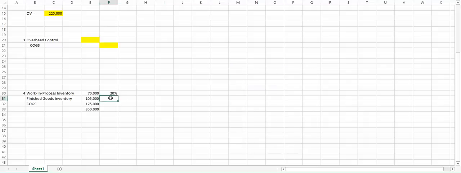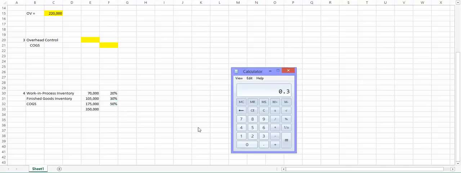So that's 30%. And by default, this should be 50%, but I'm going to double check the math just in case. 175,000 divided by 350,000 gives us 50%.